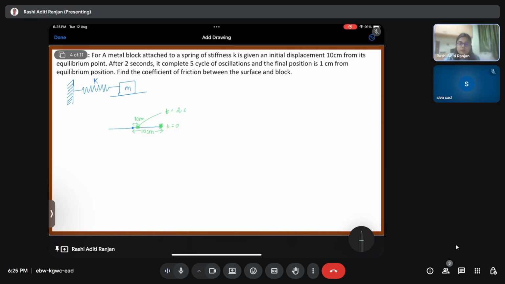Okay. Now we have to find the coefficient of friction. Since it is the case of Coulomb damping, we know that after every cycle there is a decrement of 4 mu N by k.